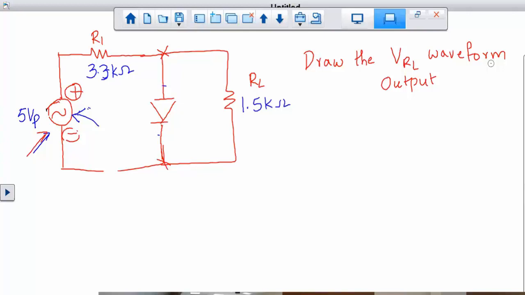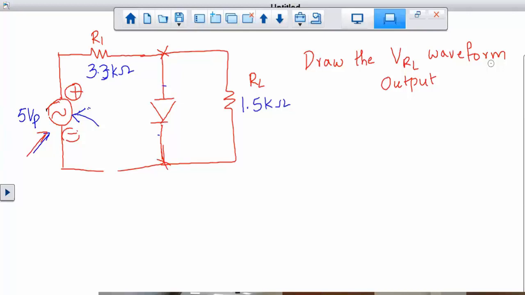But if there is no DC power source in the circuit, if the diode is facing downwards, that's a positive clipper. If the diode is facing upwards, it's a negative clipper.